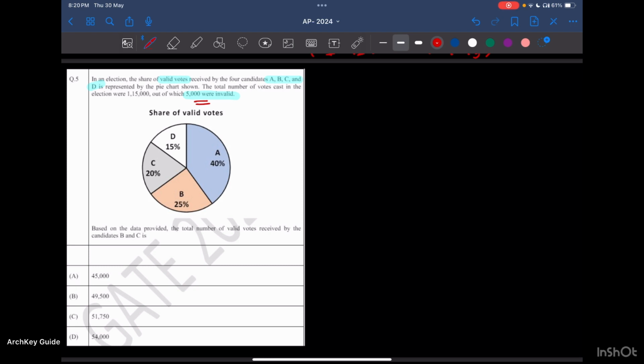So let's just start with the information that we have. So how many are the valid votes? It's 1,15,000 minus 5,000. So it would be 1,10,000.